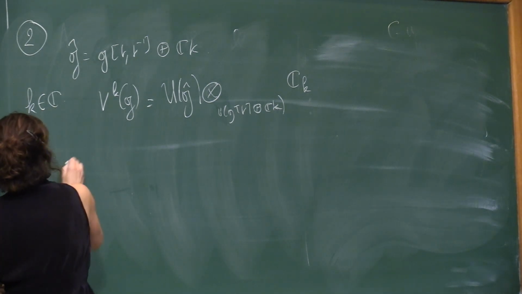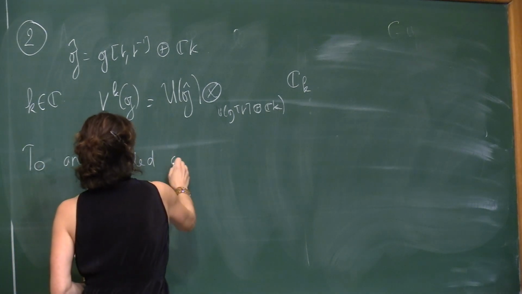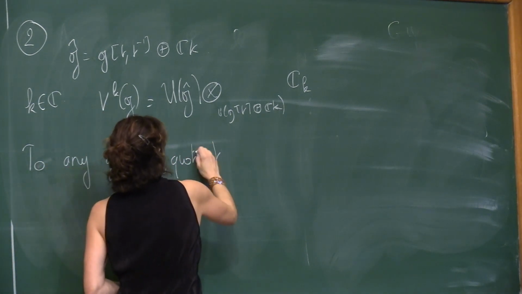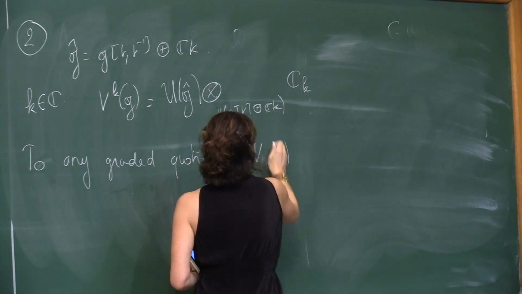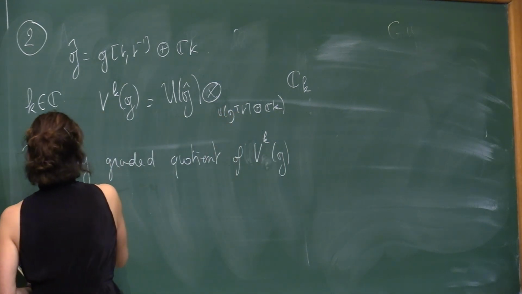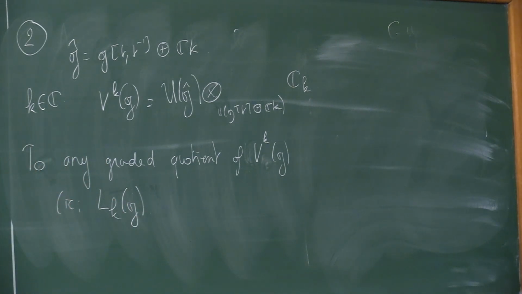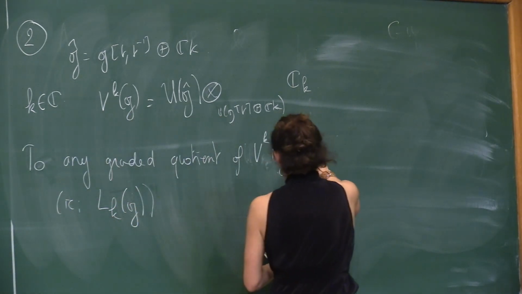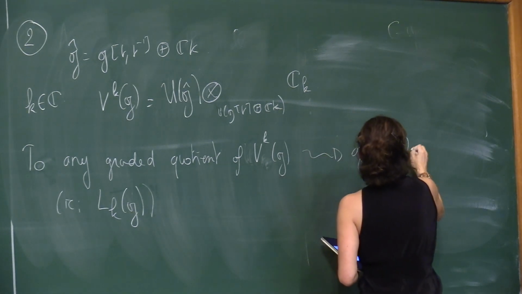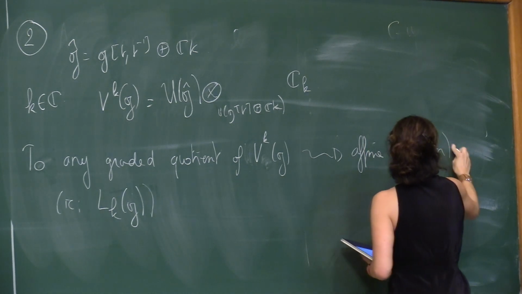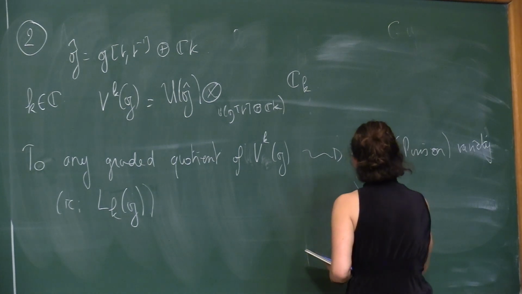So to any graded quotient of VKG, so in particular we will be interested in the unique simple graded quotient of VKG, one can associate a certain affine Poisson variety that I denote by X VKG.